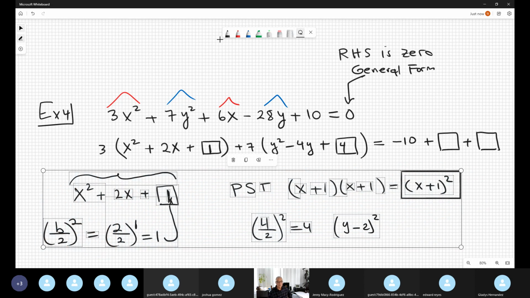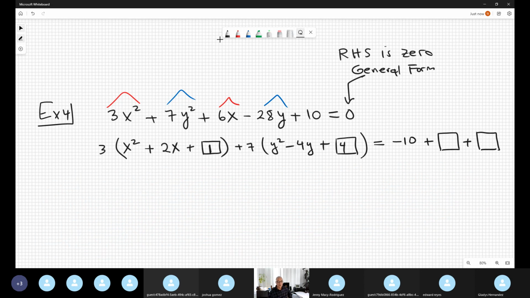Then the factorization, that part would be 3 parentheses x plus 1 squared. Yes, plus because this sign is plus. Because the second sign is always positive. You add it, never subtraction. Plus 7 times y minus 2 squared, because this sign is negative. Where does the 2 come from? Square root of 4.